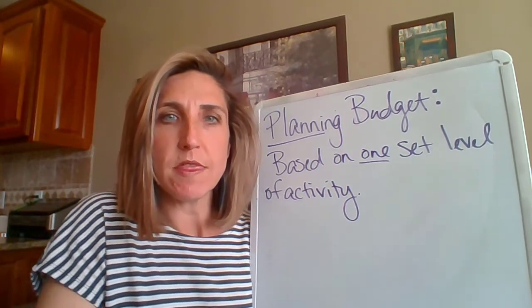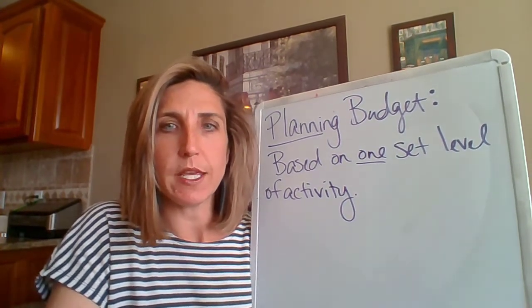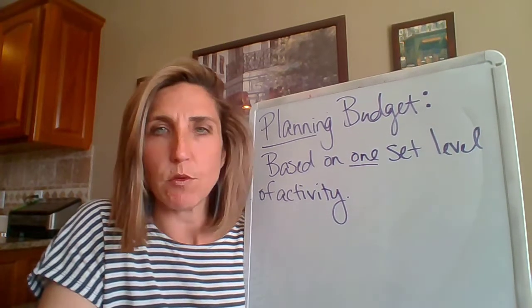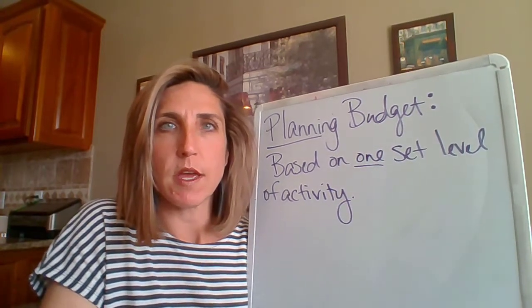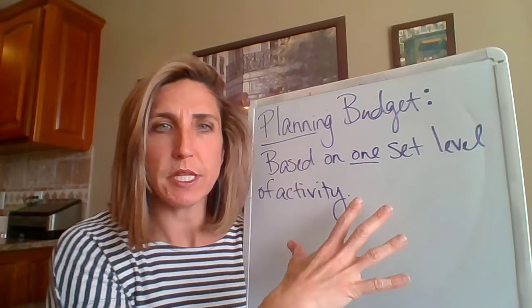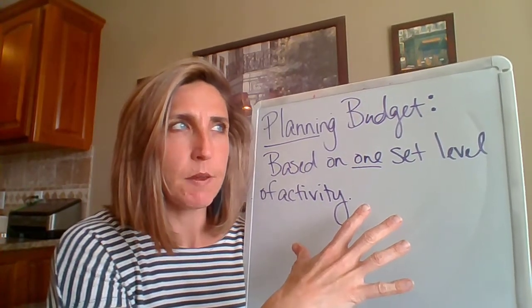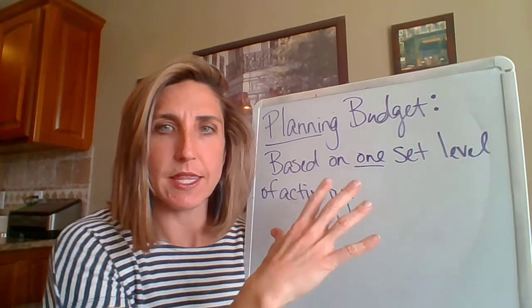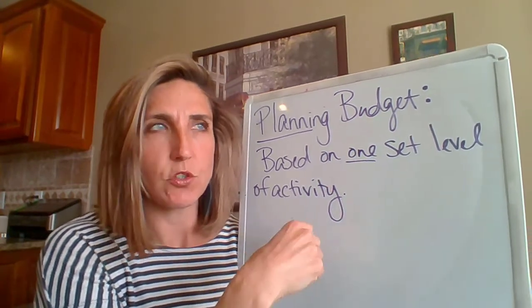So in this chapter, we'll break the concept of a budget down even more to a simplified version of just what you plan to spend based on some set level of activity, which is called your planning budget.